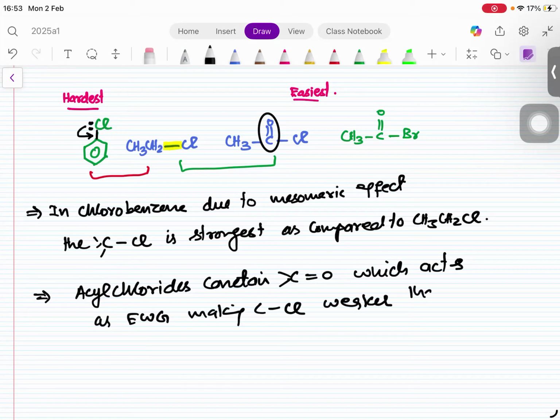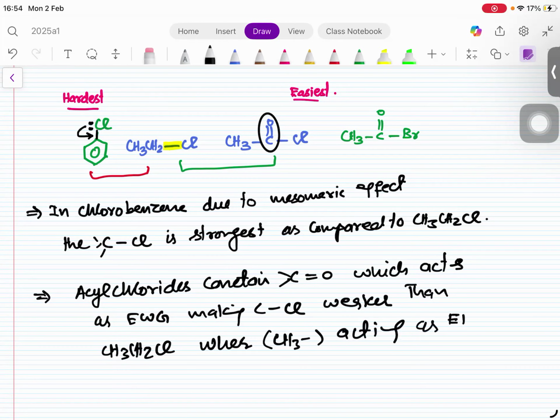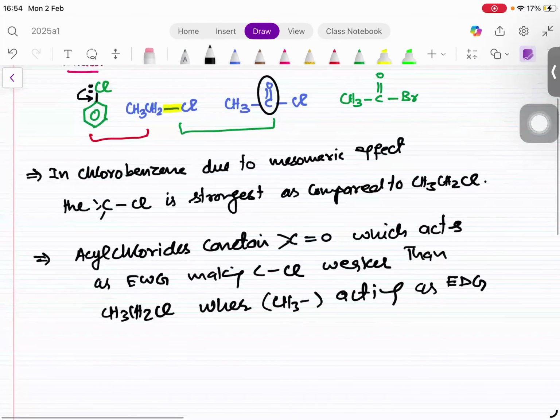Then haloalkane or CH3CH2Cl, where CH3 or alkyl group acting as EDG, having positive inductive effect. So you can give one explanation.